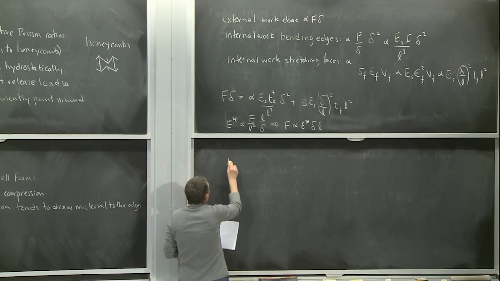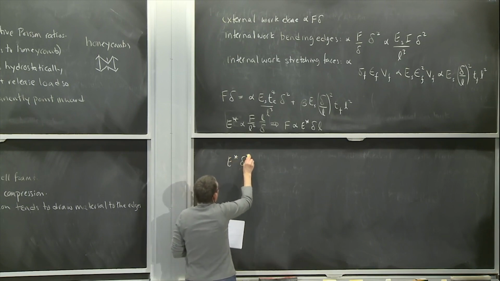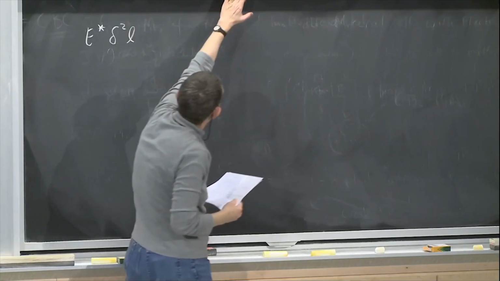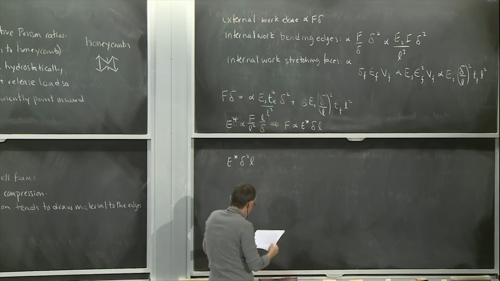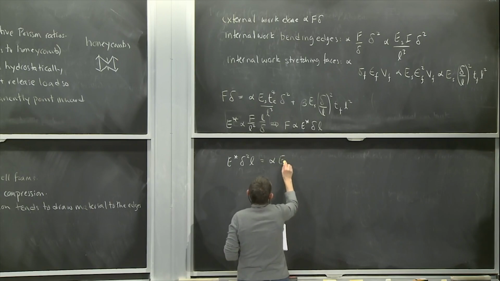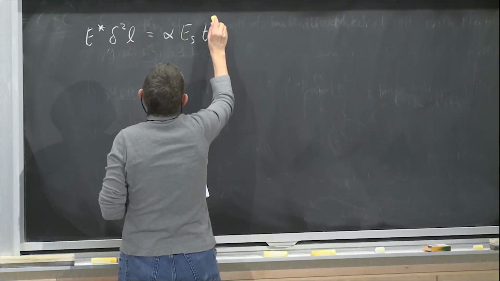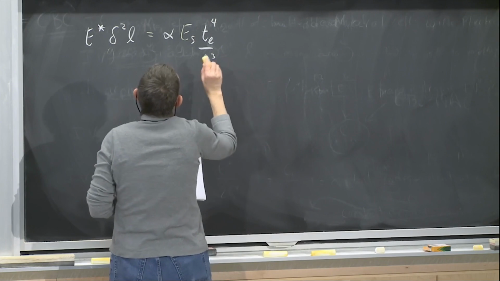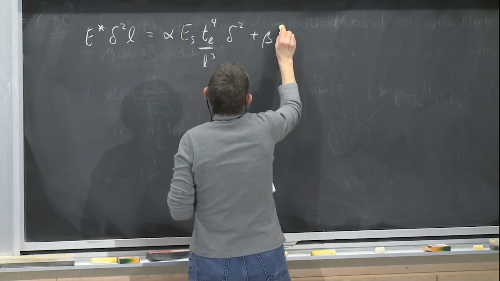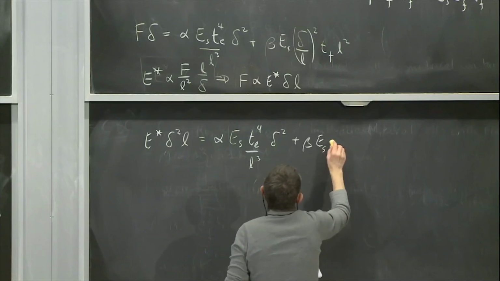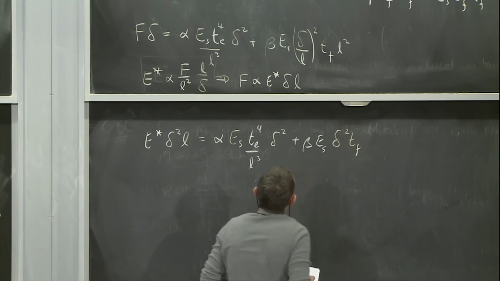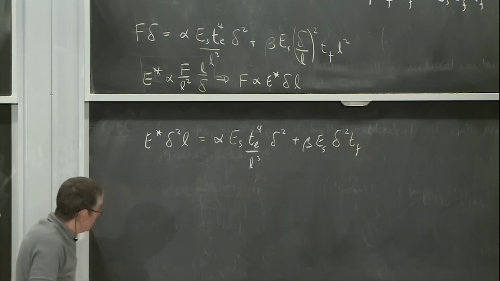So if I put all that together, I have the modulus of the foam times delta squared times L. So there's a delta here and there's a delta there. That gives me delta squared. And that's going to equal alpha E_S T_E to the fourth over L cubed times delta squared plus beta times E_S times delta squared T_F, if I cancel out one of those L squareds.